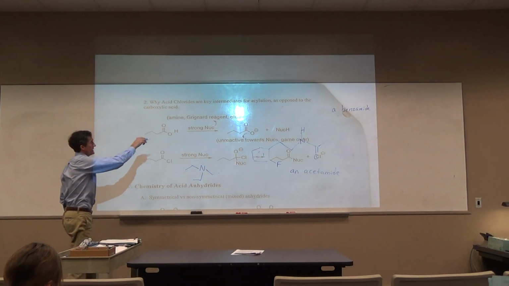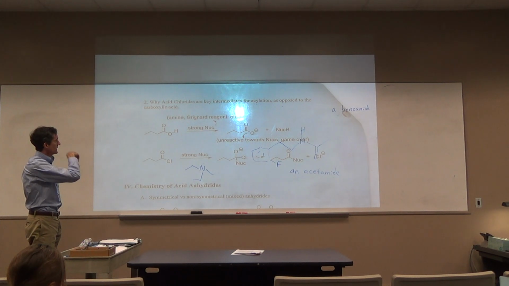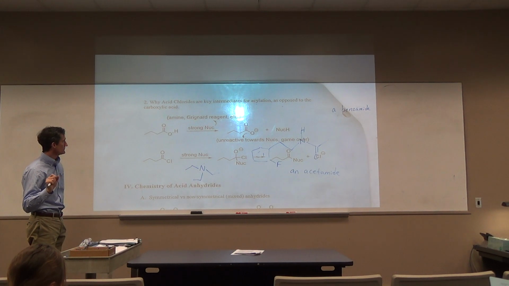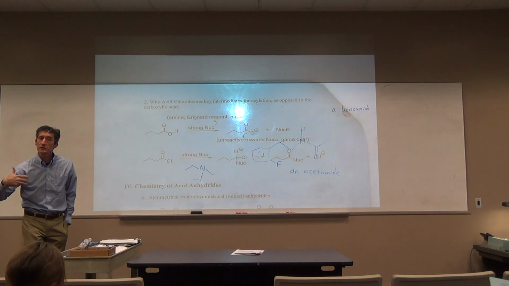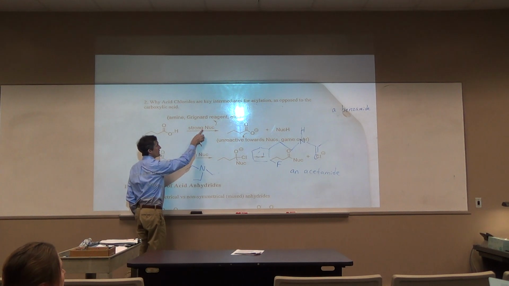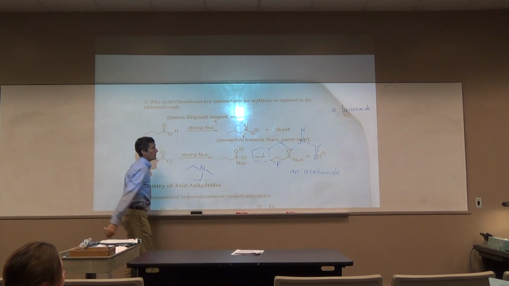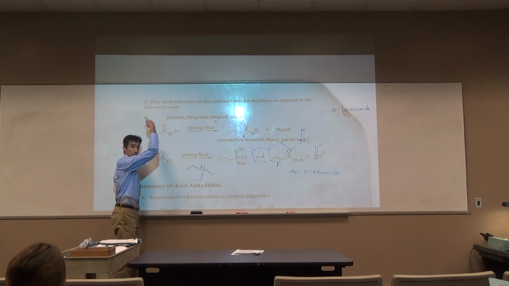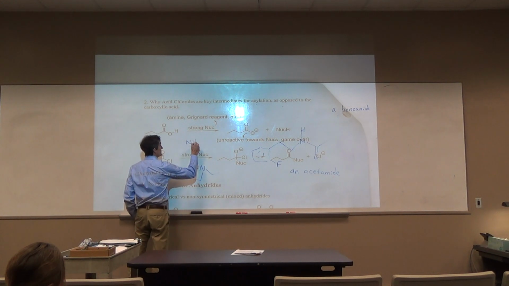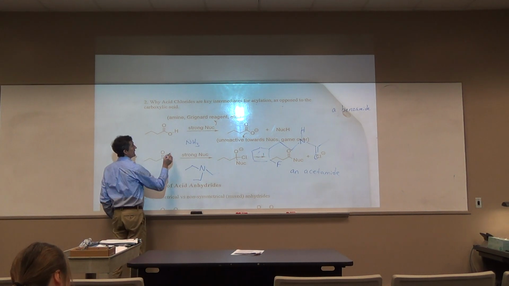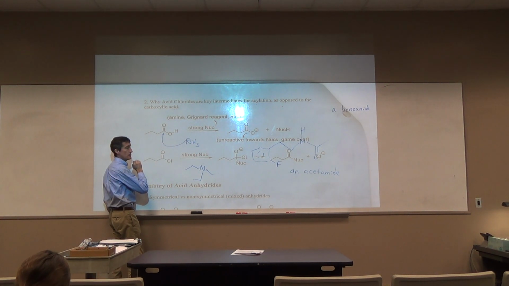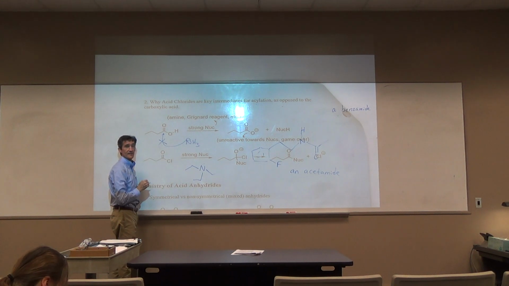Why are acid chlorides key intermediates for acylation as opposed to the carboxylic acid? This is a general thing that we'll refer to as we move forward. If you take a carboxylic acid with a strong nucleophile, including something like a Grignard reagent, or an amine, like ammonia, will this add to the carbonyl? No. What will it do instead?